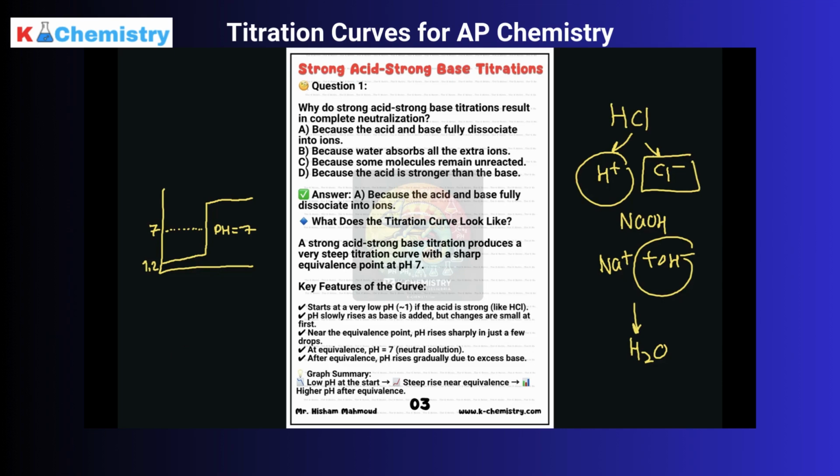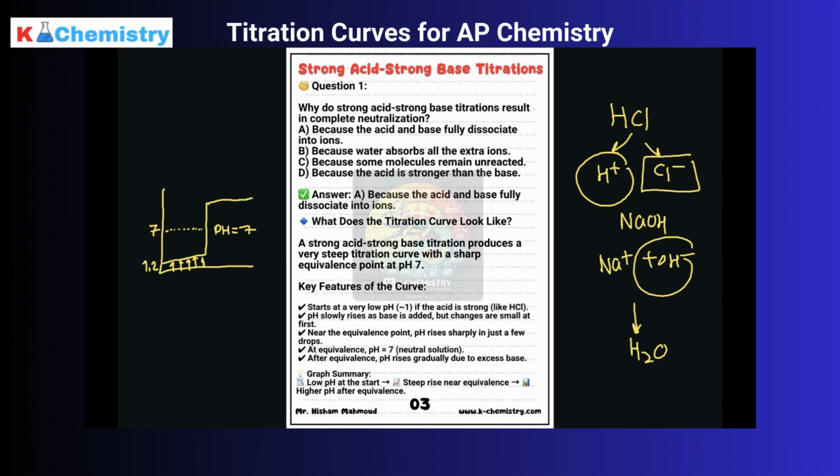So look here at the pH. Here the pH is smaller, slowly increasing, then suddenly increasing from here until it reaches 7. Near the equivalence point, pH rises sharply in just a few drops. At the equivalence point, pH is equal to 7, a neutral solution. After equivalence, pH rises gradually due to the excess base.